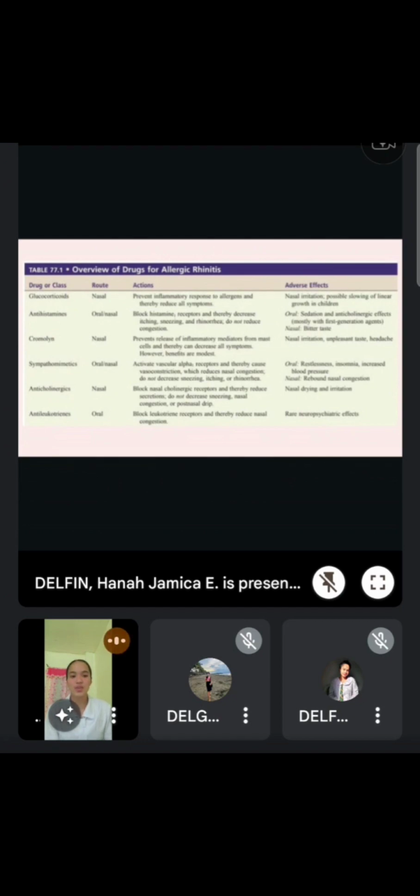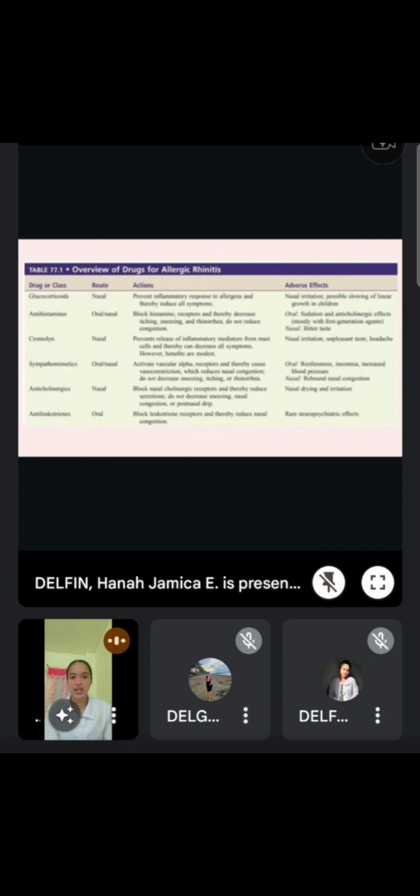Cromolyn reduces symptoms by suppressing the release of histamine and other inflammatory mediators from mast cells. Accordingly, the drug is best suited for prophylaxis and hence should be given before symptoms start. Responses may take 1 or 2 weeks to develop. Patients should be informed of this delay. Adverse reactions are less than with any other drug for allergic rhinitis.